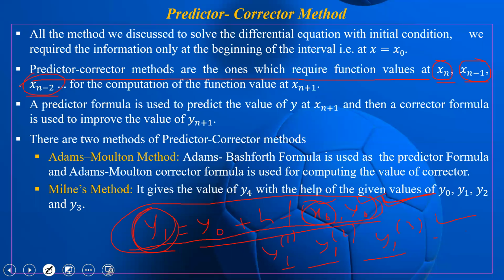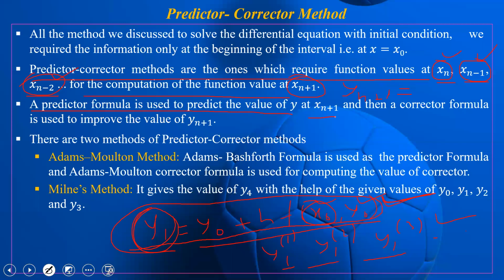For the computation of the function value at x n plus 1, if you want to find y n plus 1, we need 3 values: xn, xn minus 1, and xn minus 2. A predictor formula is used to predict the value of y at xn plus 1.